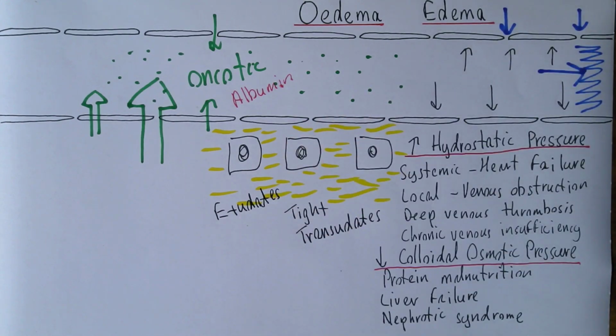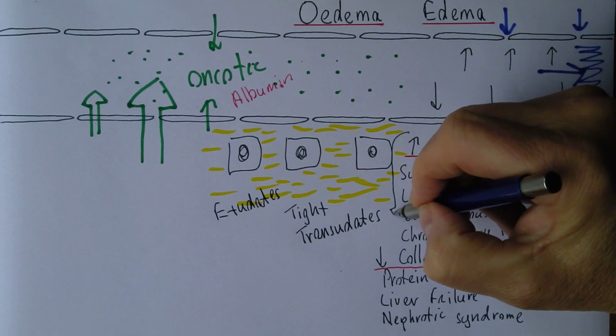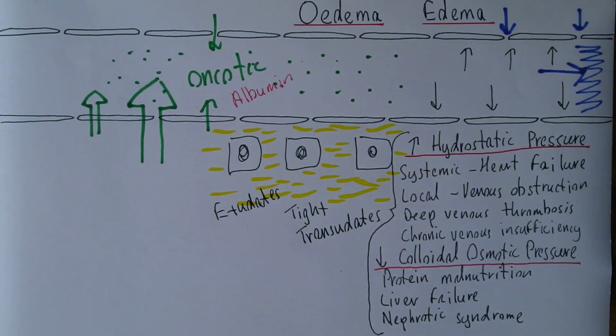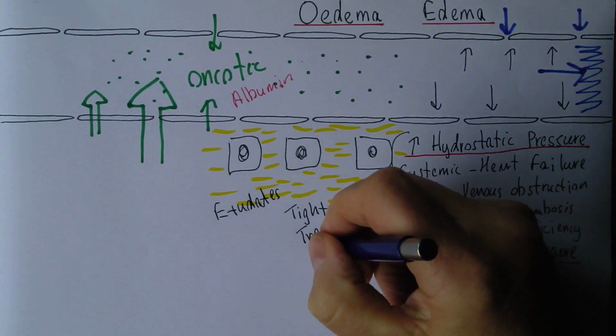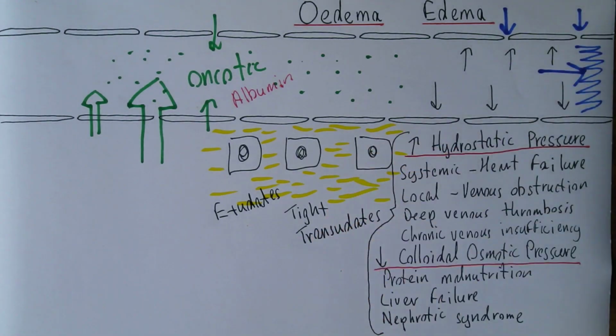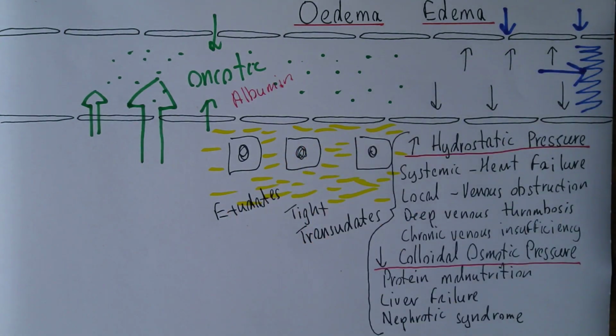So let's think about causes of exudates now. So increased hydrostatic pressure and decreased colloidal osmotic pressure will lead to formation of transudates. It's an edema. There's too much tissue fluid, but it's a transudate. Now the other one is the exudates.